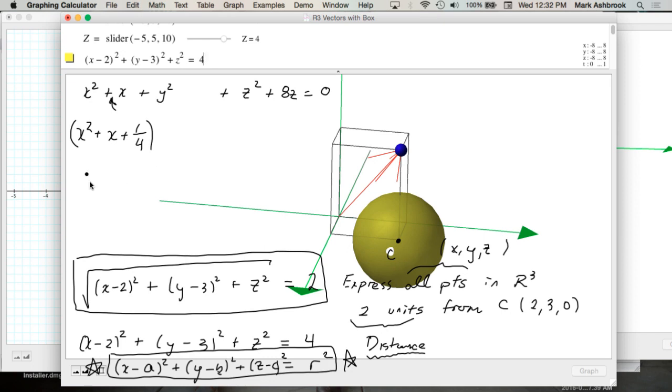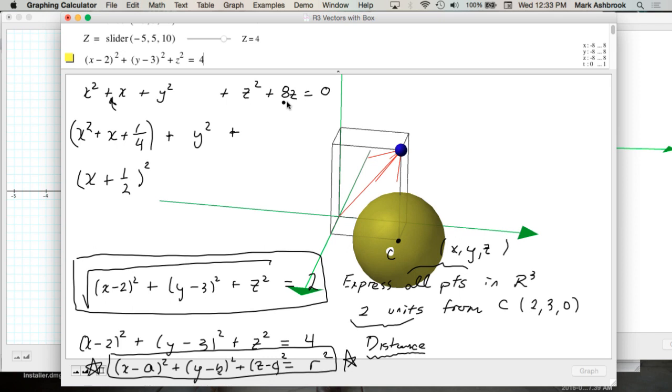What is it? x plus 1/2 squared. Did you see what happened? By adding the 1/4 in there, I got this perfect x plus 1/2 squared. And then what about y squared? If there's no linear term, then you're golden. Just leave it. It's easy.